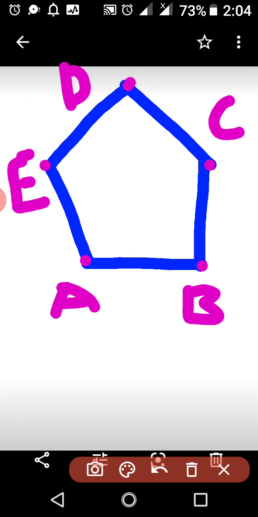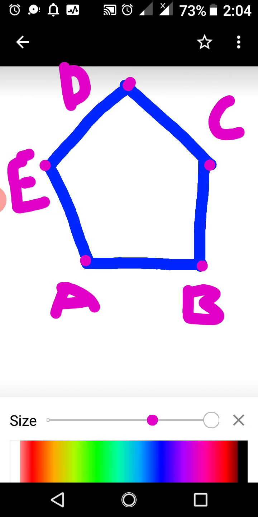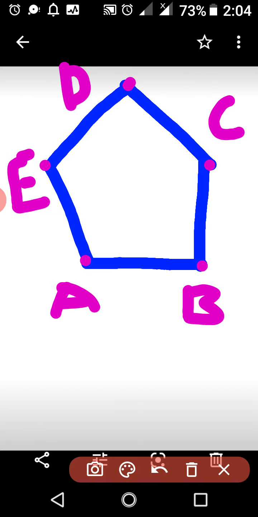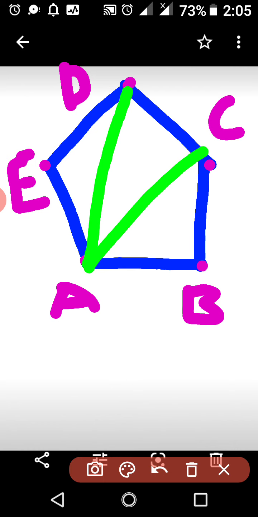Opposite means not adjacent. Now I am going to take vertex A. For this vertex A, B is adjacent and E is also adjacent, isn't it? So I am going to join this vertex A with D and C like this.